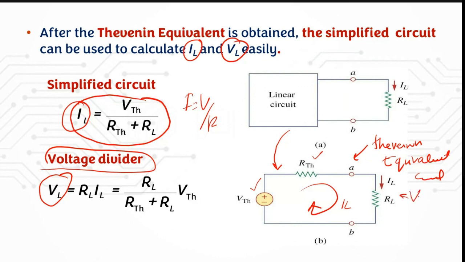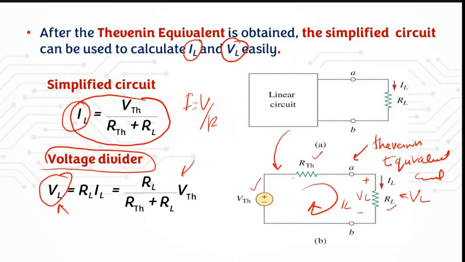Let's say here is your VL. VL is equal to RL over RTH plus RL, times your VTH, and then you get the value of the load voltage. So you might just remember these equations.